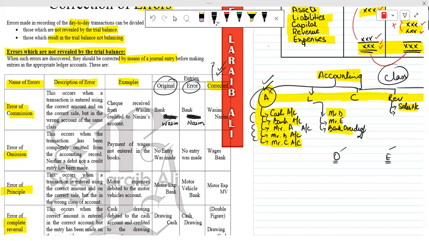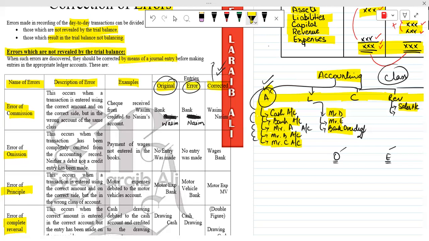Let me clarify this. First of all, here it is written original entry. Guys, original entry means, while reading the transaction, what was supposed to be the original entry? What entry should the accountant have made?